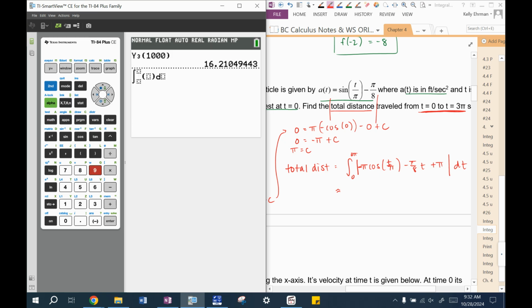So math, 9, 0 to 3 pi. Absolute value is math, number, absolute value. I'm in radian mode. Negative pi times cosine of x over pi minus pi over 8 times x plus pi. Make sure you put in the dx. And I'm getting approximately 11.628.